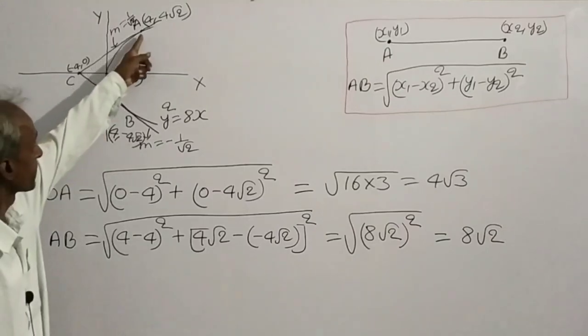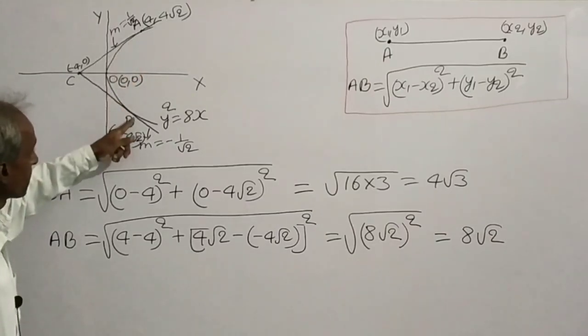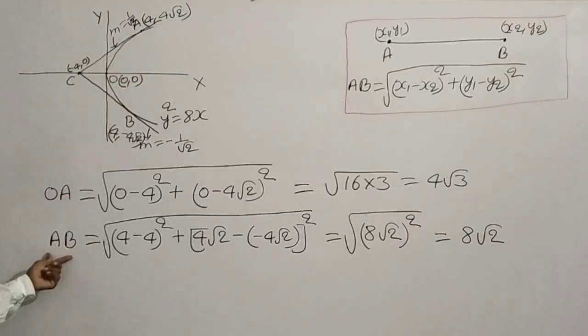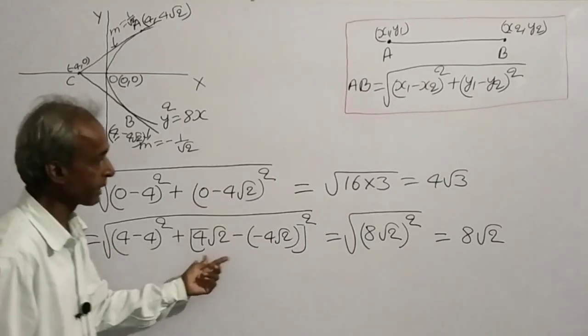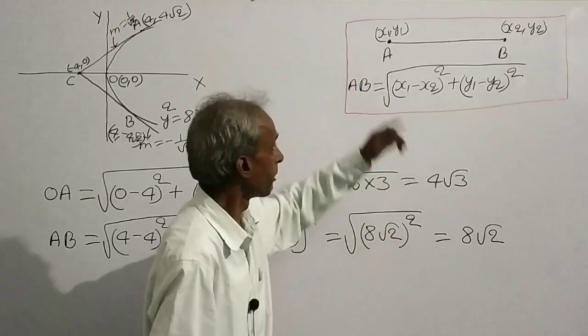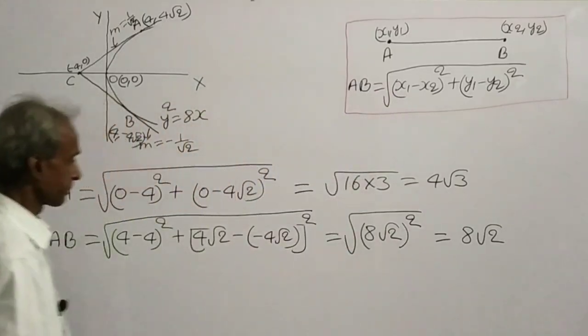Similarly, the distance between point A and point B, that means the length of line segment AB, will be equal to this by using this formula.